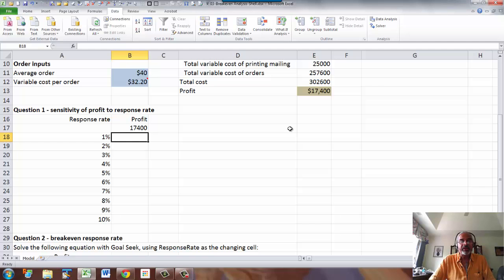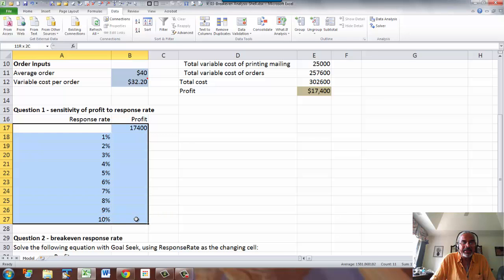Now we are ready to apply the data table command. Having set the input and the output, now you have to highlight these two columns. Now we can have additional output if you like, in which case you will highlight all the output columns with the first column being the different input values.